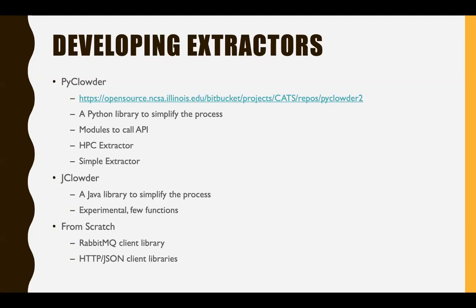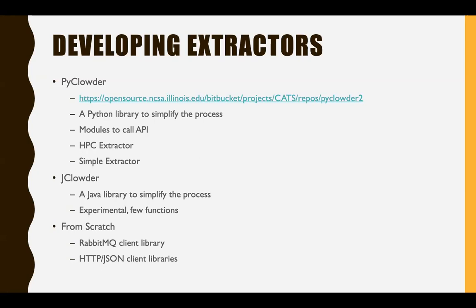It has also some support for high-performance computing resources. We do have a Java-based library that we try to maintain. It's somewhat experimental at this point. We have had some users use it to develop extractors. And also, as a fallback, there's always the ability of writing extractors from scratch.